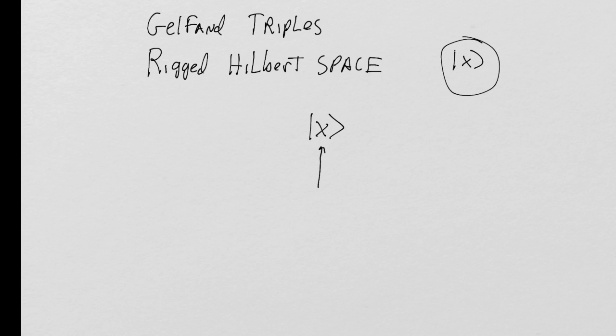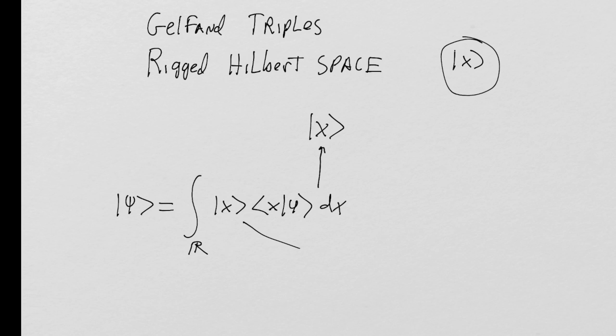So what's important to understand is if you write a state psi as a sum over the real numbers in this way, and you make a measurement, you're not collapsing, in this case, to a specific position ket. You don't collapse to a specific position ket.